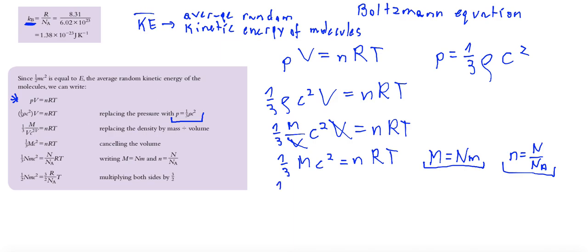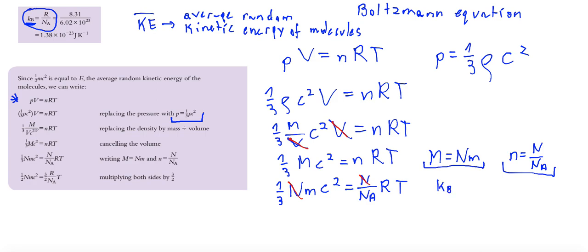Substitute, we have 1/3, except m, we have number of molecules times mass of molecule times squared speed is equal to, except number of moles, the number of molecules divided by the Avogadro constant times R times T. We can cancel N. And the last one, we can use this Boltzmann constant.